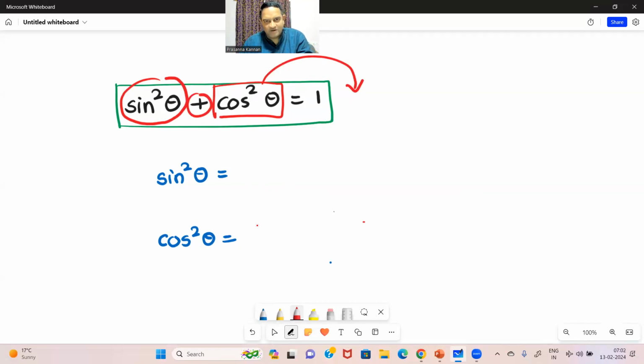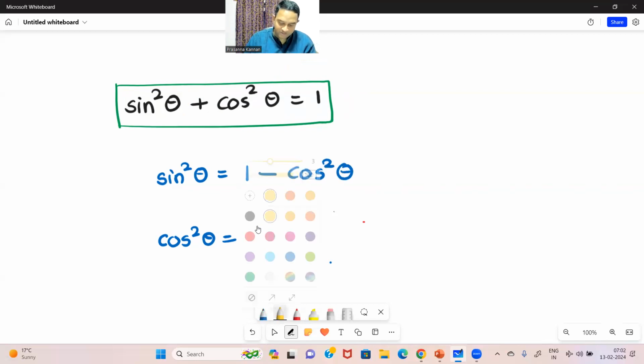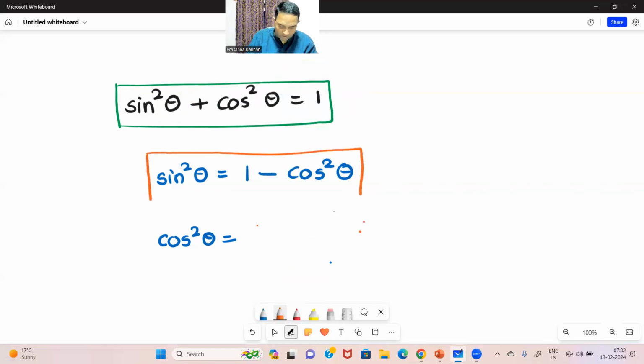So sine square theta will be equal to 1 minus cos square theta. That's all. Understood? In some sums in trigonometry, where sine square theta is there, you may substitute it as 1 minus cos square theta. So you need to know that.